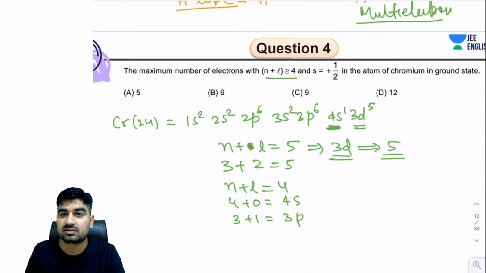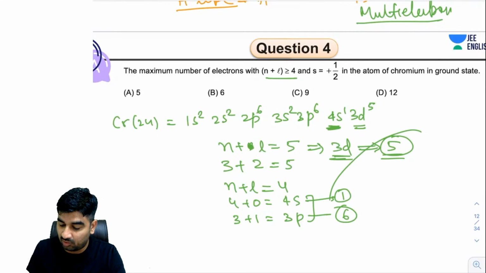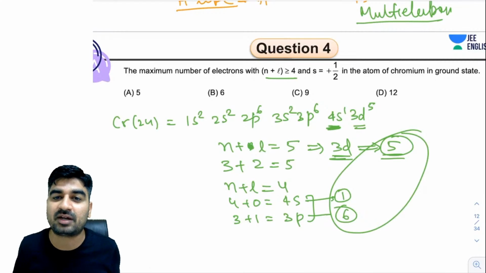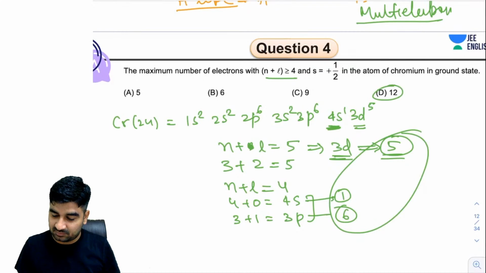Is there any other possible combination? No. So 4s will have 1 electron, 3p will have 6, and n plus l equal to 5 is 3d with 5. So how many electrons are possible? 12.